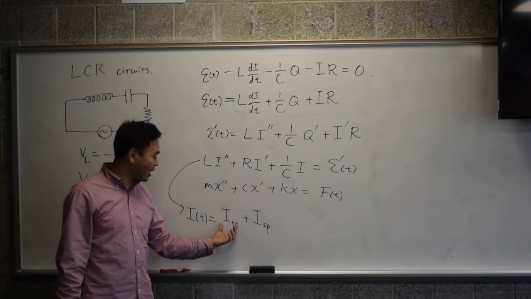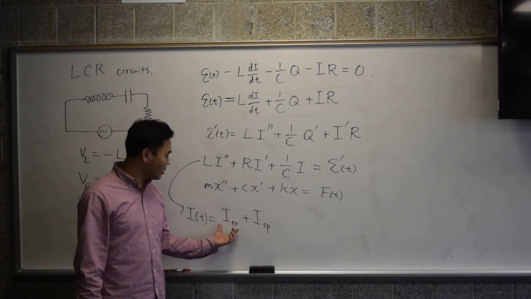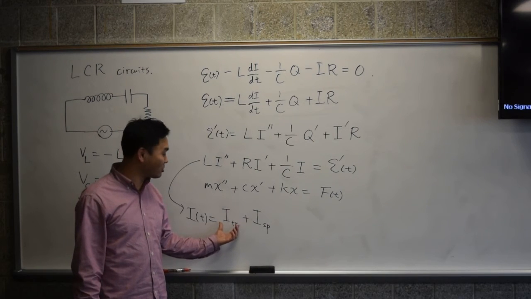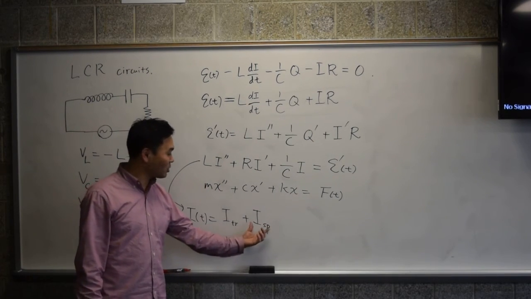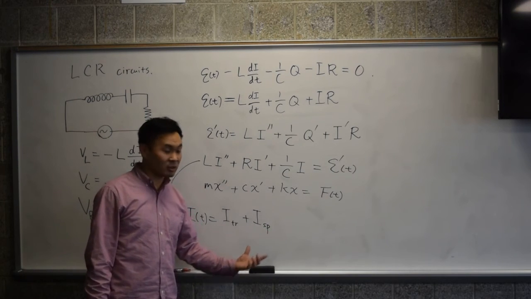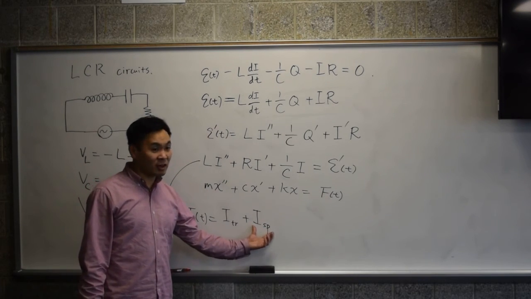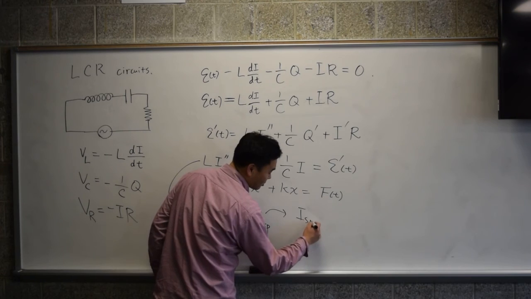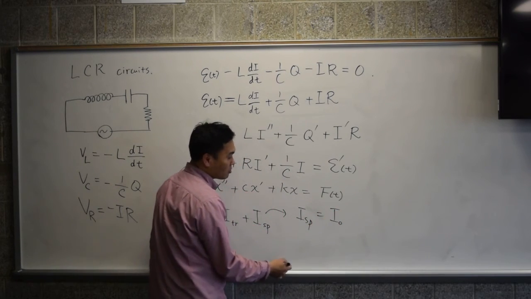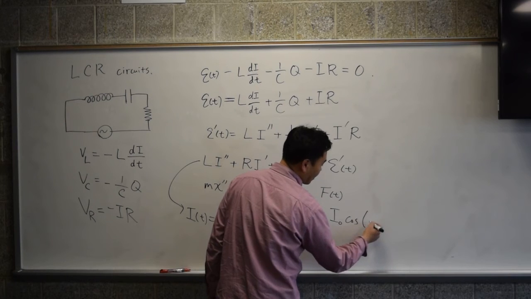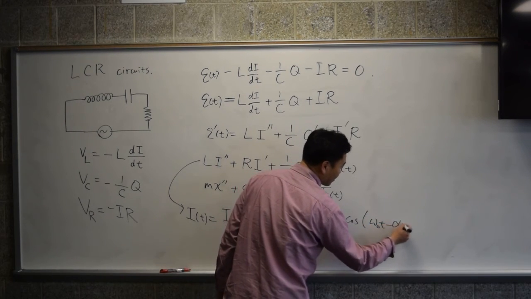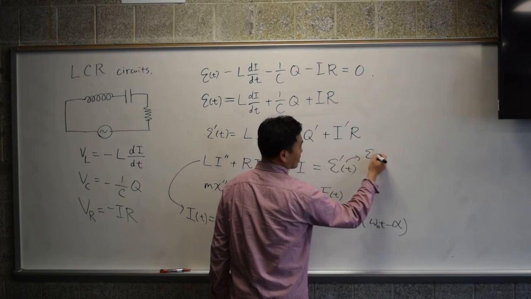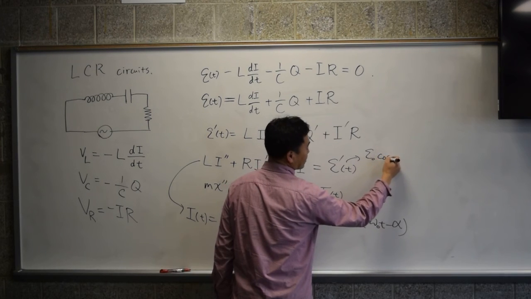So I(t) is I transient plus I steady periodic, where I transient is basically the complementary solution which dies quickly to 0, and really what survives is I steady periodic. The I steady periodic looks like the following: an amplitude times cosine of omega naught t minus alpha, where the external voltage is epsilon naught cosine omega naught t.